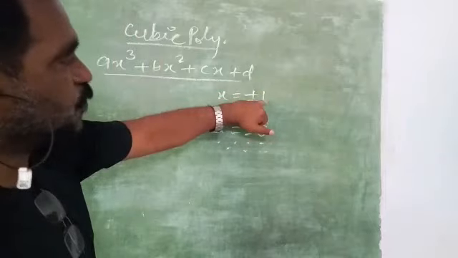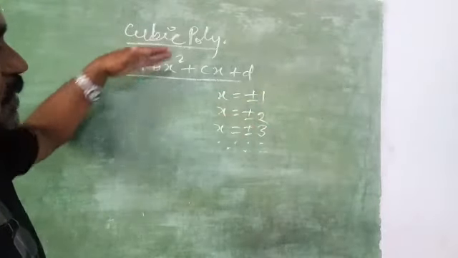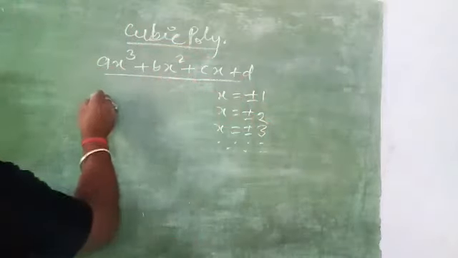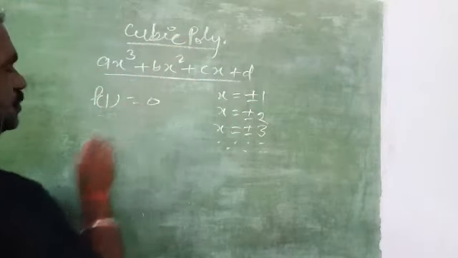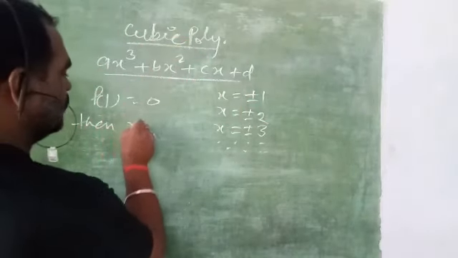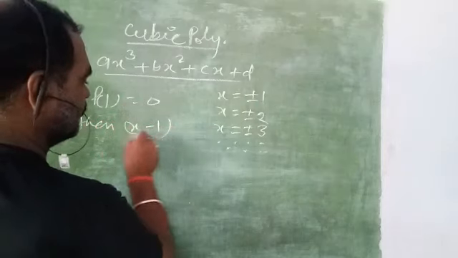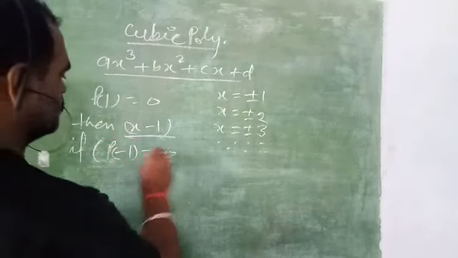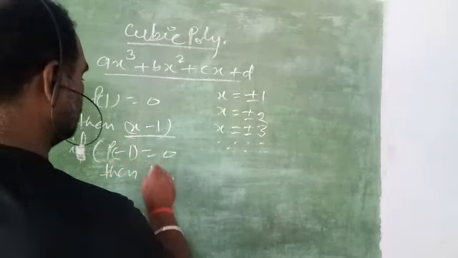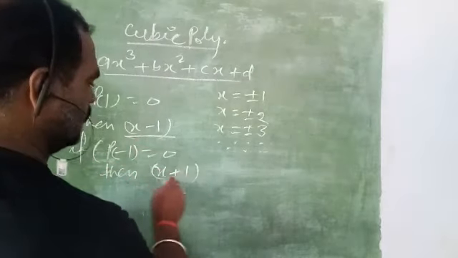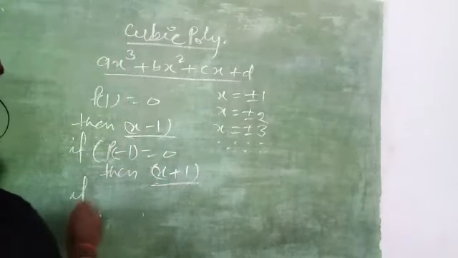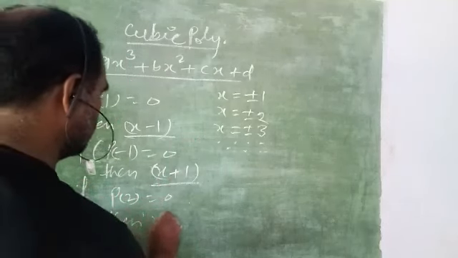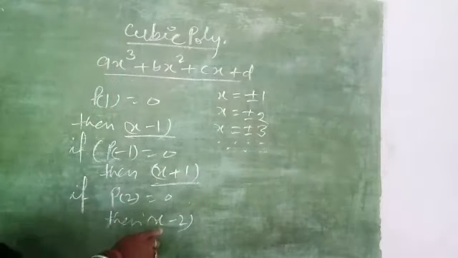If we put x equal to 1 and the value of the polynomial becomes 0, then x minus 1 will be the first factor. If p(1) equals 0, then x minus 1 is the factor. If p(minus 1) equals 0, then x plus 1 will be the factor. If p(2) equals 0, then x minus 2 will be the factor, and so on.